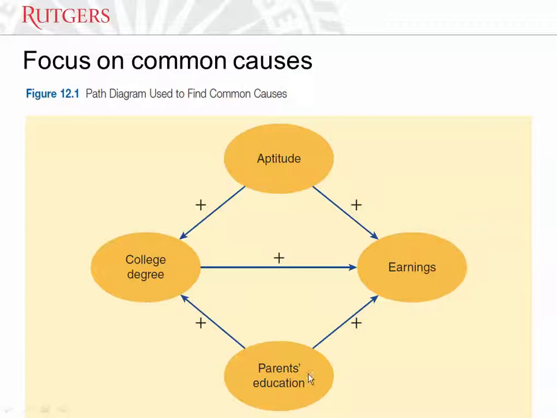Parents with a higher level of education may be able to help children get a college education, but that same advantage that parents have may also help their child get higher earnings, because they can make connections and help them with internships and first jobs and that sort of thing. So it could be that more educated parents both encourage kids to go to college and help them with their careers anyway, even had they not gone to college. And so part of the college effect may be due to that.